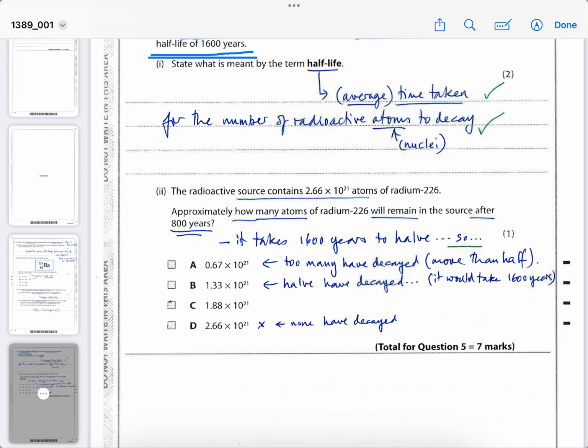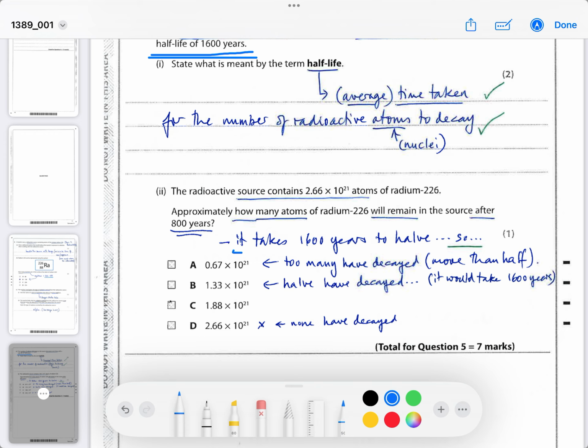Now remember, the half-life is 1600 years. That means that it will take 1600 years for the number to halve. So if it takes 1600 years for it to halve, in 800 years, it will be less than half. So if it goes down to A, too many have decayed.